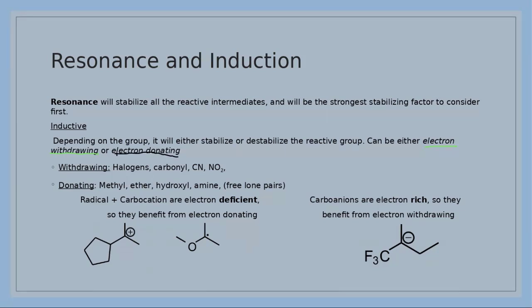Withdrawing groups are going to be your halogens, carbonyls, CN, NO2. So we know halogens will have higher electronegativity, and electronegativity means they're going to take away electron density towards it. So this is an electron withdrawing group.